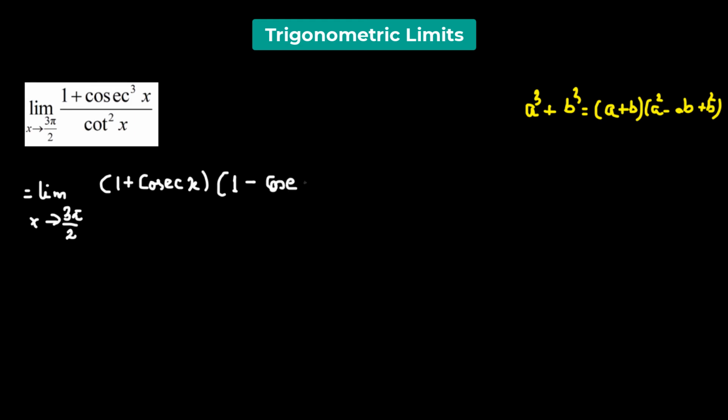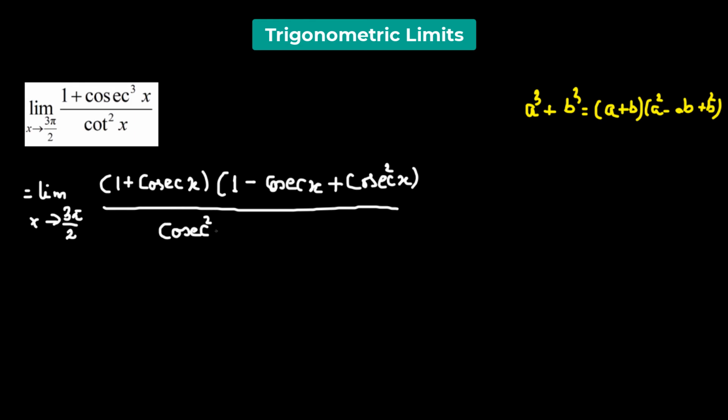So we have cosec x plus cosec squared x, whole divided by cot squared x. Now cot squared x can also be written as cosec squared x minus 1.